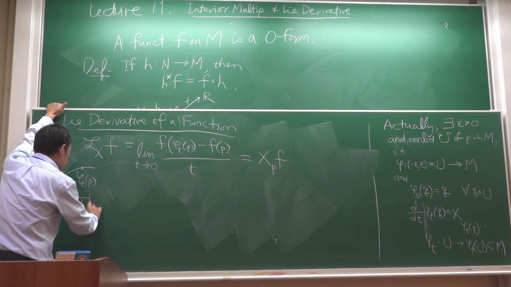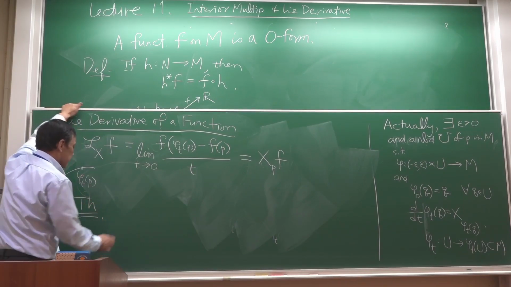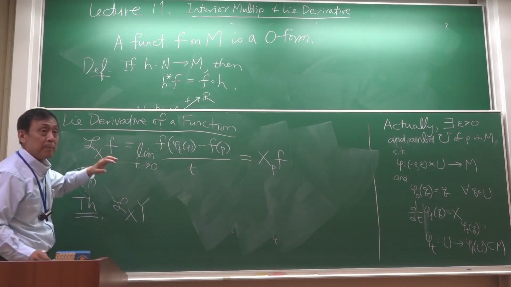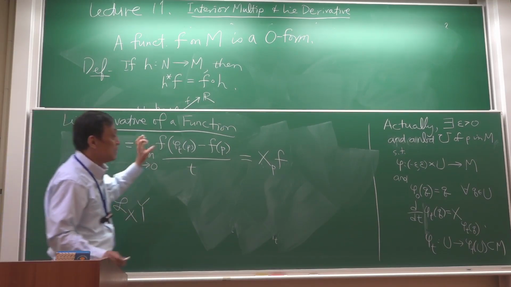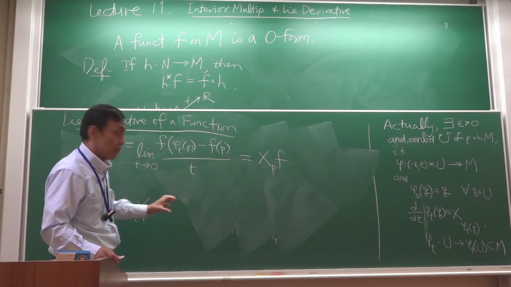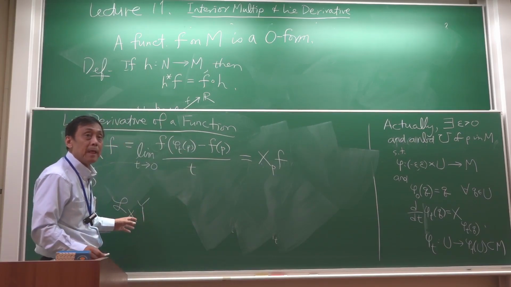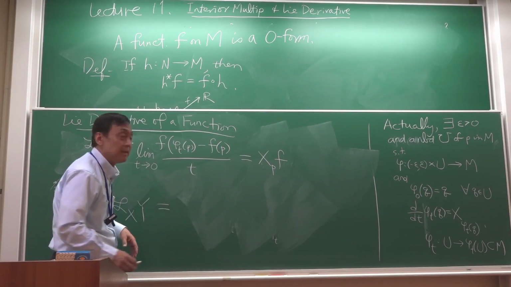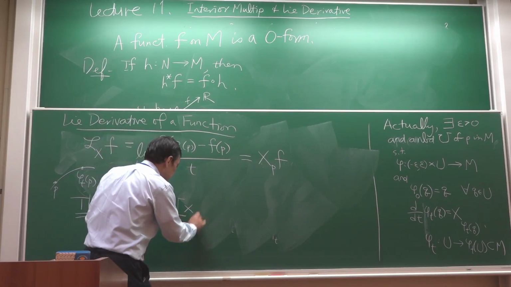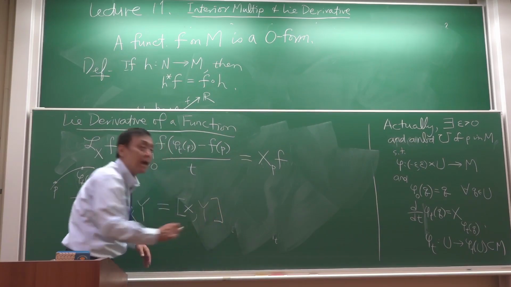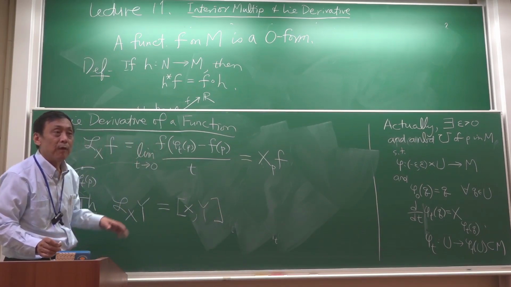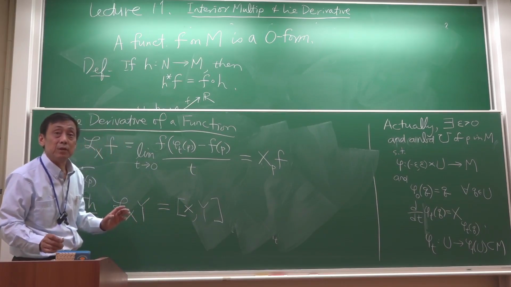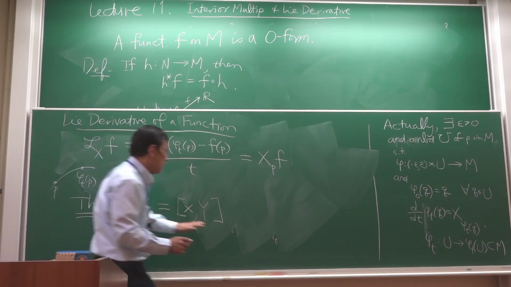And there is a theorem that says that the Lie derivative of a vector field, okay? Now, at each point, you get a vector. So this is a vector field. And this vector field turns out to be the same as the bracket. So for a vector field, the Lie derivative also doesn't give you anything new. Okay?